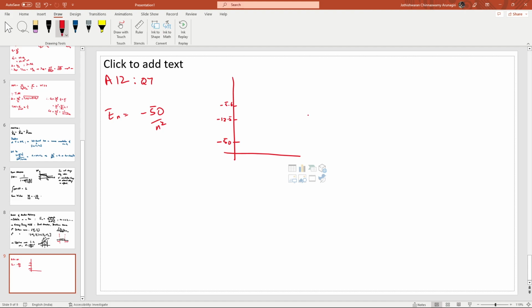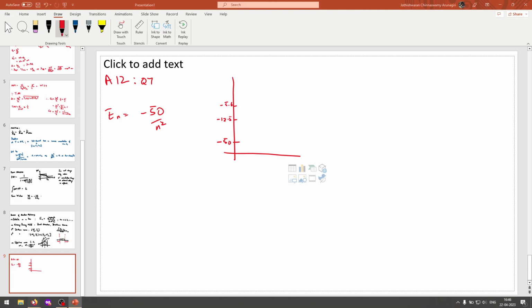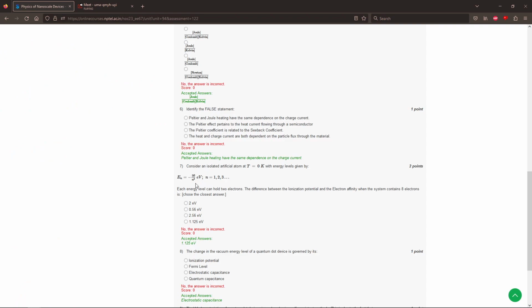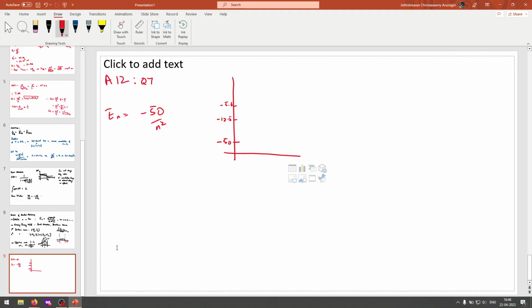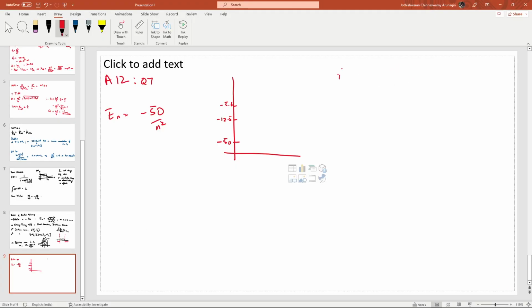The thing we are supposed to remember here is that this system has 8 electrons. If it has 8 electrons, how many levels are occupied? Up to n equal to 4 is occupied, because each level can contain only 2 electrons.